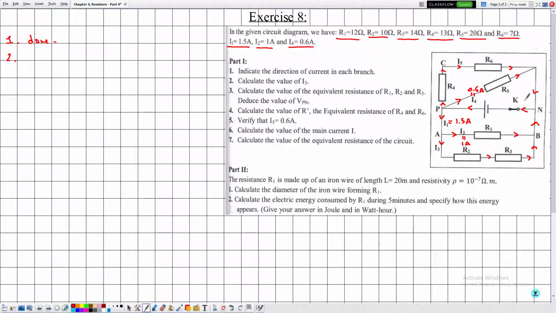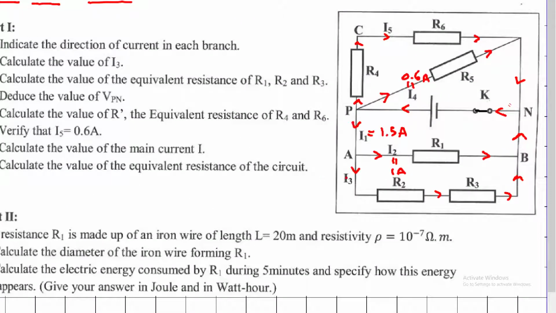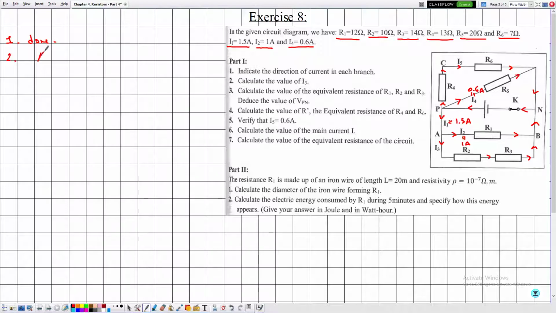So where is I3? This is I3. Notice that here the main current I1 splits into two currents, I2 and I3. So let me apply the law of addition of currents at node A. We have the summation of current in is equal to the summation of current out.